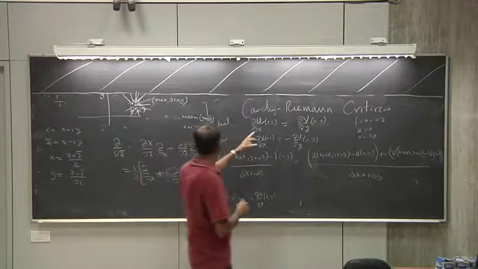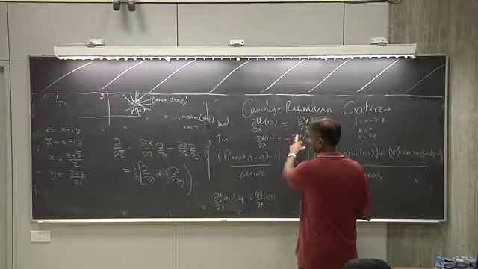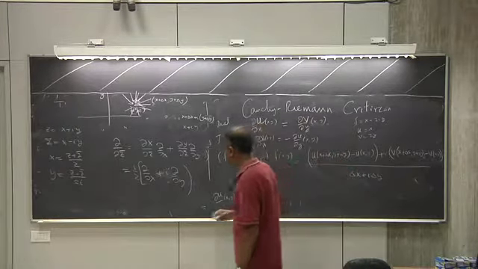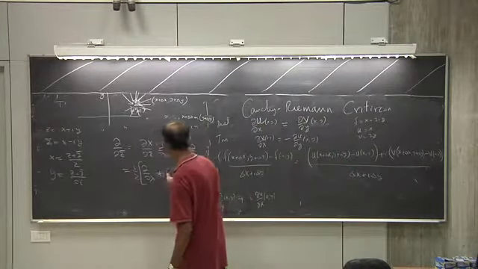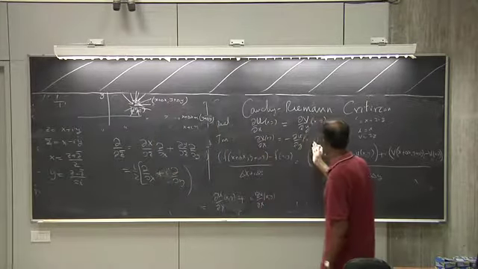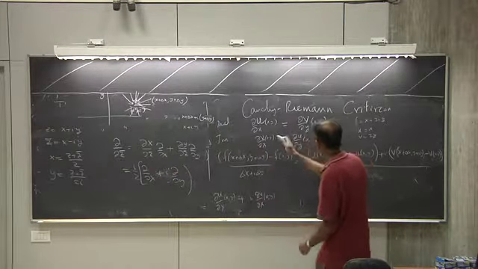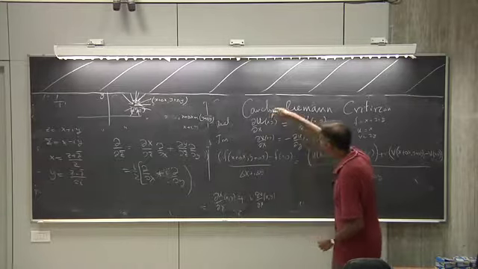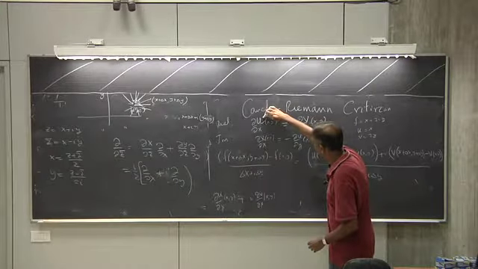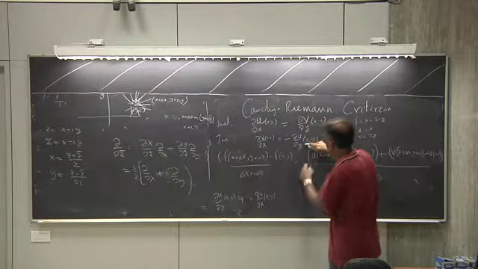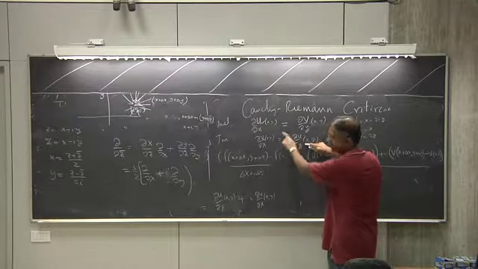Now let's look at this equation. I want to get the combination dx plus i dy. So take this equation, multiply it by minus i, and add them up.